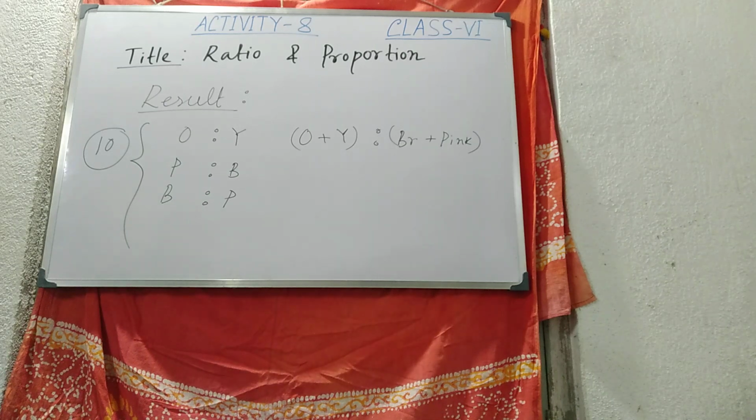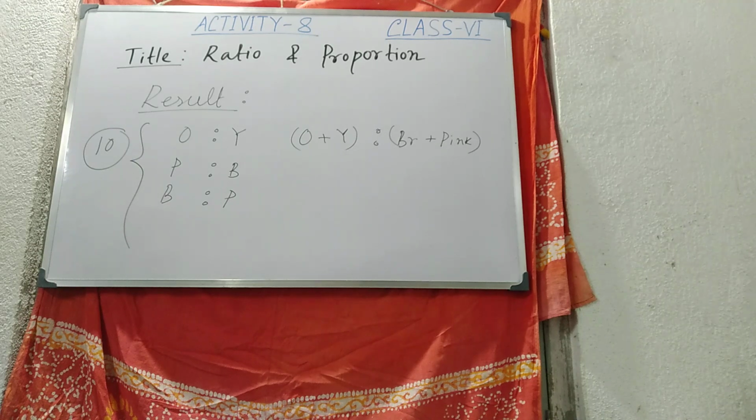So now after writing the result part, we have to write the learning outcome. Means whatever you are learning from the entire activity, that part you have to mention in the learning outcome part in your own words. For example, now it is very easy for you to understand the concept of ratio, isn't it?